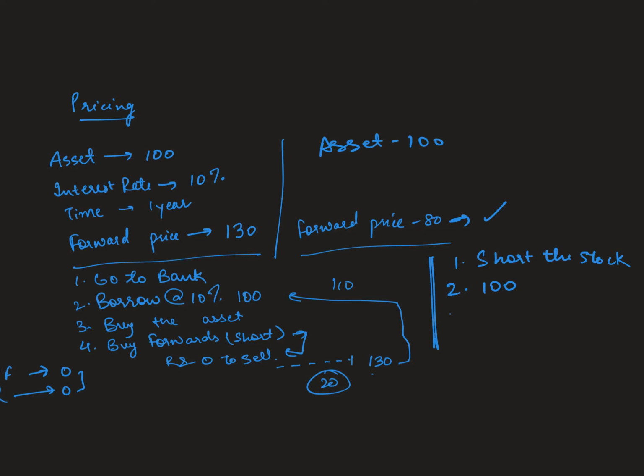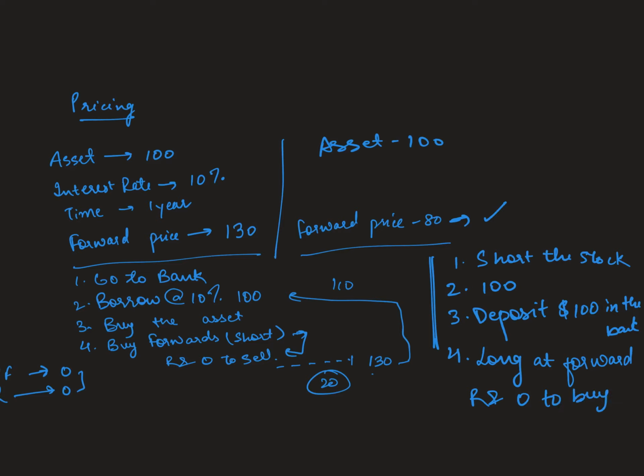Now deposit this 100 in the bank for a year at 10%. Go long at this forward. That will give me the right and obligation to buy. After 1 year, I have the obligation to buy it at 80 rupees. I buy it for 80. The bank gives me 110 and 30 is my profit.